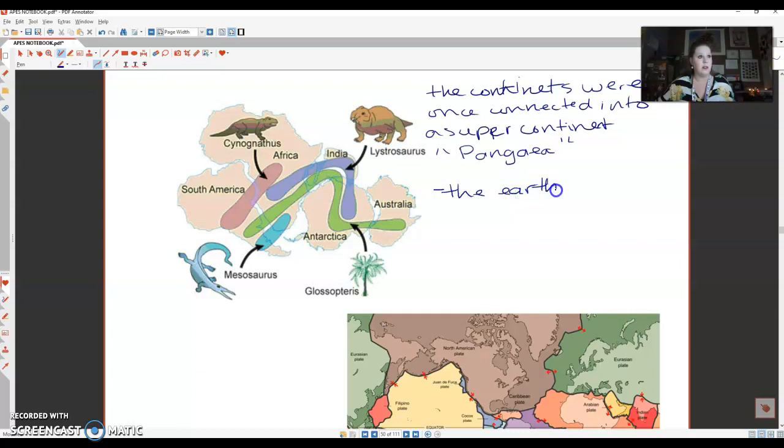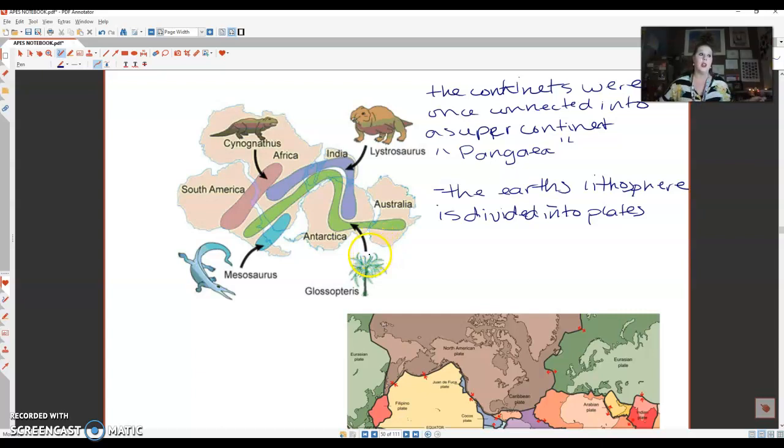The Earth's lithosphere, remember the top layer of crust, the Earth's lithosphere is divided into plates. Okay? The plates are always moving. They're shifting.